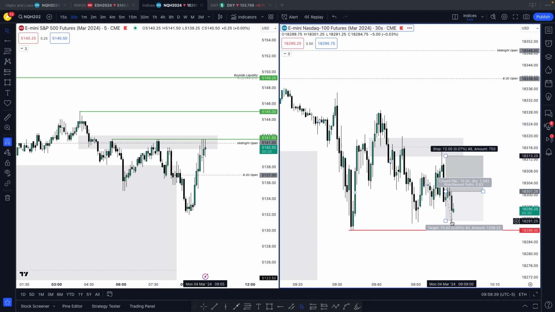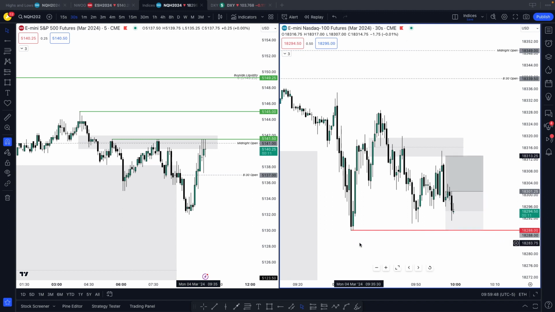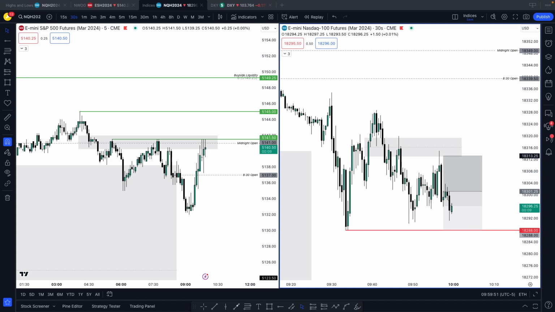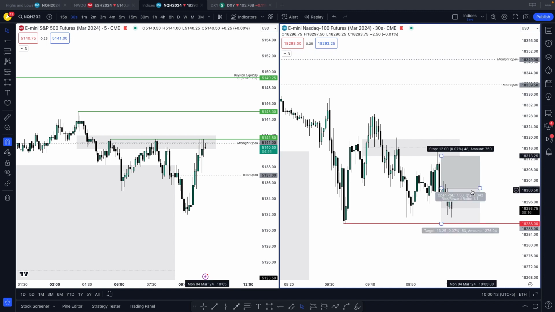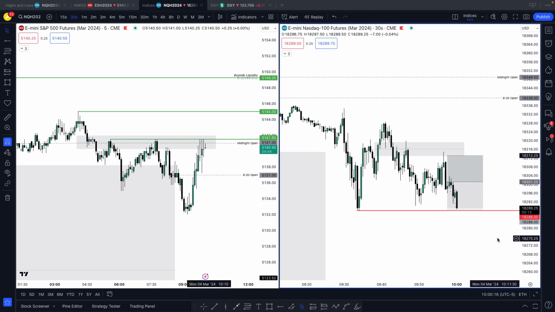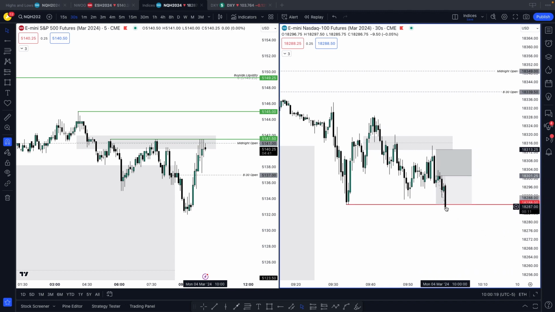So you could either fully close it right there at 10 handles or take a partial and reach for sell side liquidity right here. Okay, so that would book sell side liquidity right there.